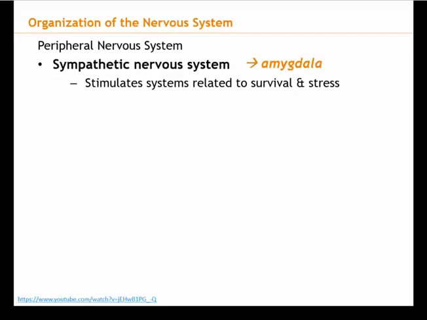The amygdala is associated with the fight, flight, or freeze, which is our natural response to stress or danger. This system plays a role in memory processing, decision making, our emotions, and it sends those stress signals to activate the sympathetic nervous system. What hormone is secreted is epinephrine.